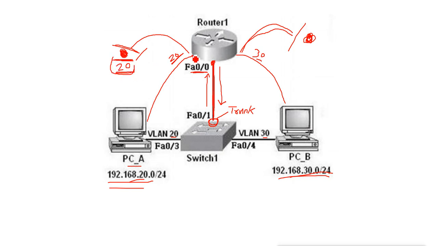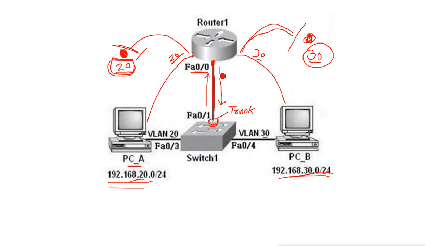So whenever the router sends any data on this logical interface, it will tag it with VLAN ID 20. And for this other logical interface, we configure the router to tag it with VLAN ID 30. So whenever any data comes or goes, it will tag the data with VLAN ID 30.